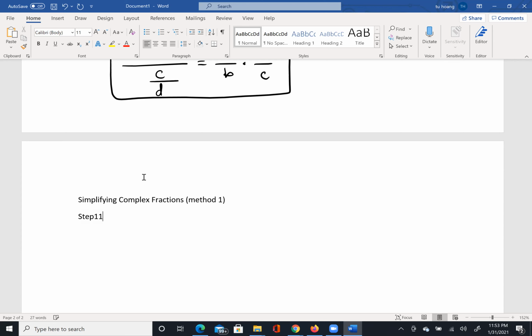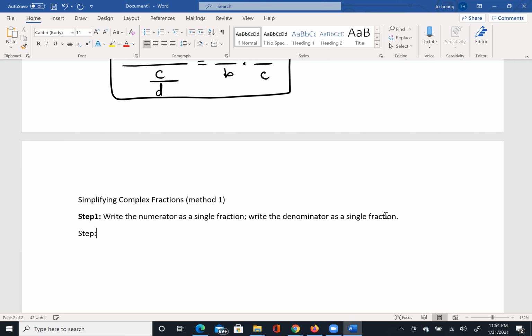So step number 1, you must write the numerator as a single fraction, and also write the denominator as a single fraction. Okay, so that is just step number 1.